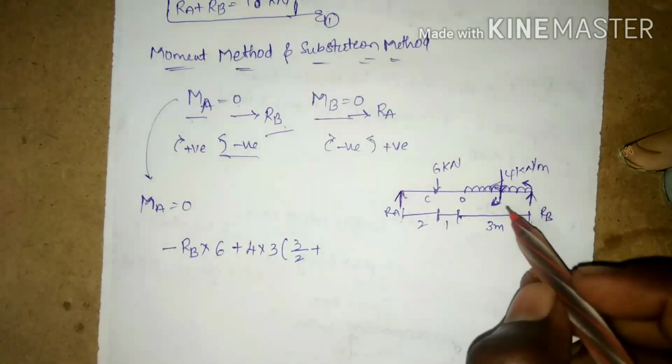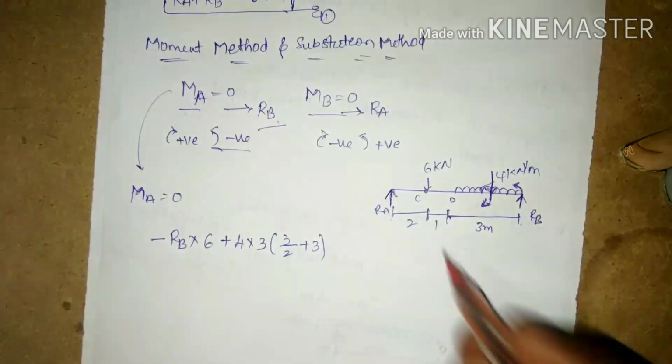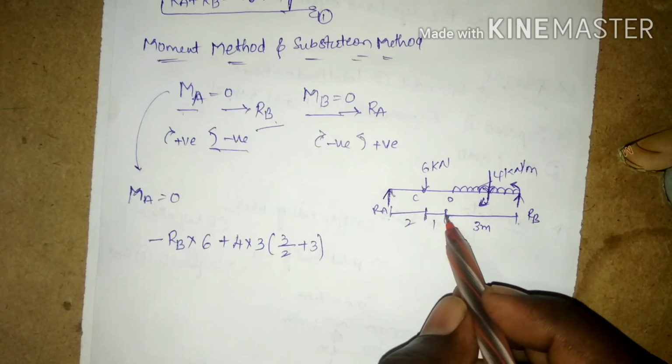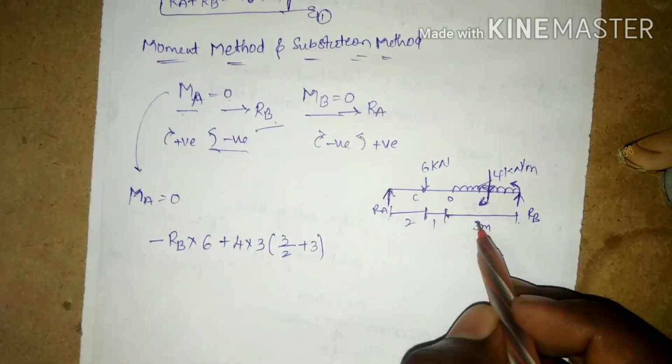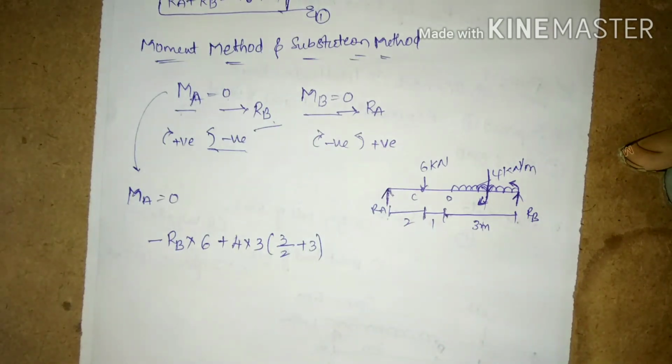The distance from here to RA is 3 by 2 plus 3.